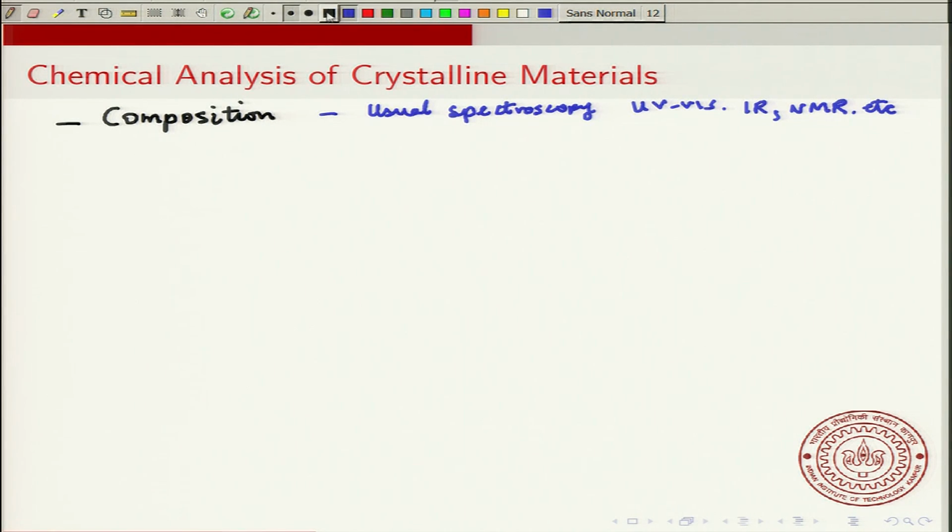Now, for crystalline compounds, in addition to the composition, we also need to know the structure, the crystal structure. When we say structure, we mean several things. You mean the crystal structure, that is, what the unit cell is and what the parameters of the unit cell are: A, B, C, alpha, beta, gamma.